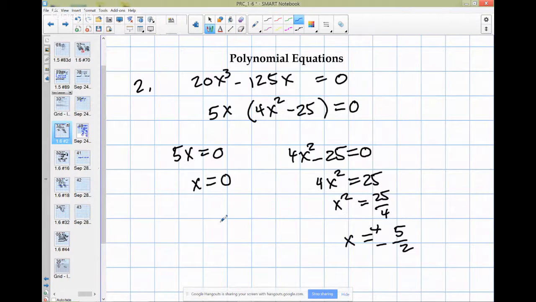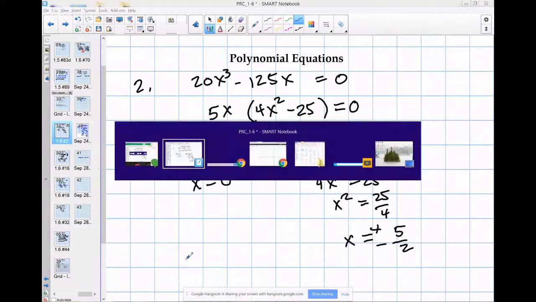You can check these pretty quickly. If you look up above and plug in a 0, the first term will be 0 and the second term will be 0, and obviously when you subtract them, you'll get 0. You can go through and check it out; I'm not going to do it right now. But actually, a cool way to check is to use Desmos.